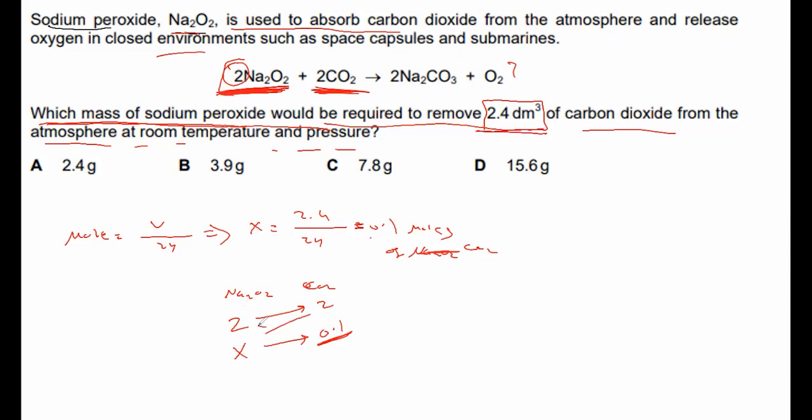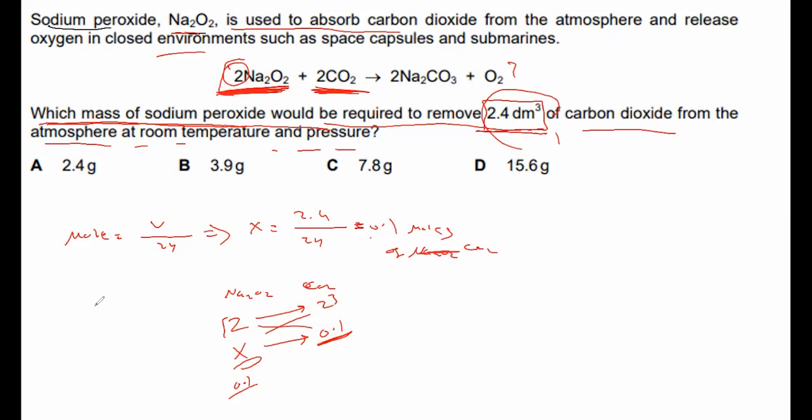Cross multiplication. But now both of these have the same number of moles. That's why, guys, this one will be 0.1 as well. Okay, so we found the moles of Na2O2 required to remove this amount of CO2.